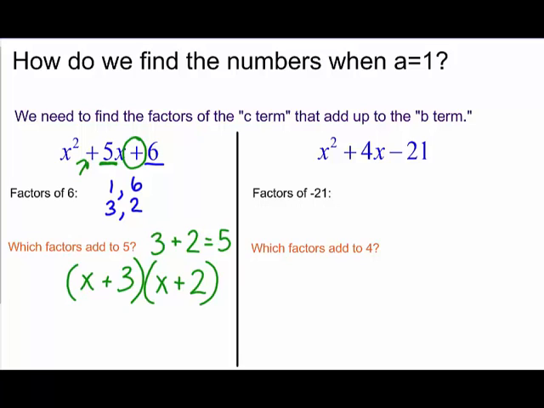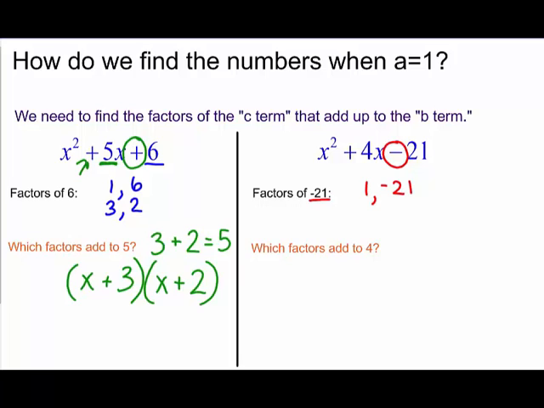So first thing I'm going to look at is my signs. This negative in the back tells me I'm going to be dealing with one positive and one negative. And I'm looking for factors of negative 21 because that is my c value. So factors of negative 21, I could have 1 and negative 21.